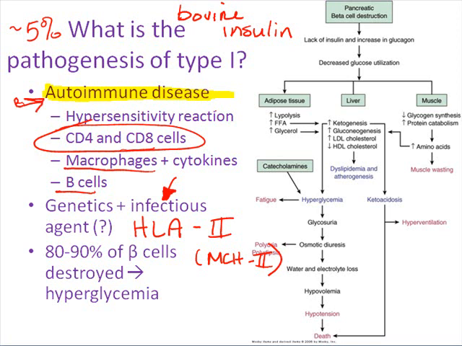This is a type of hypersensitivity reaction. And what I think is most interesting about this is that in order for somebody to actually become overtly diabetic, in order for them to finally develop the sort of clinical signs and symptoms we associate with untreated diabetes mellitus, they have to have had somewhere between 80 to 90% of all of the B cells in their pancreas destroyed.